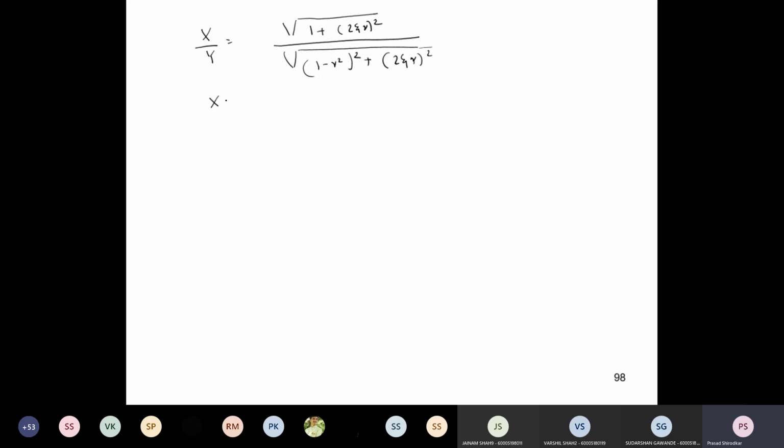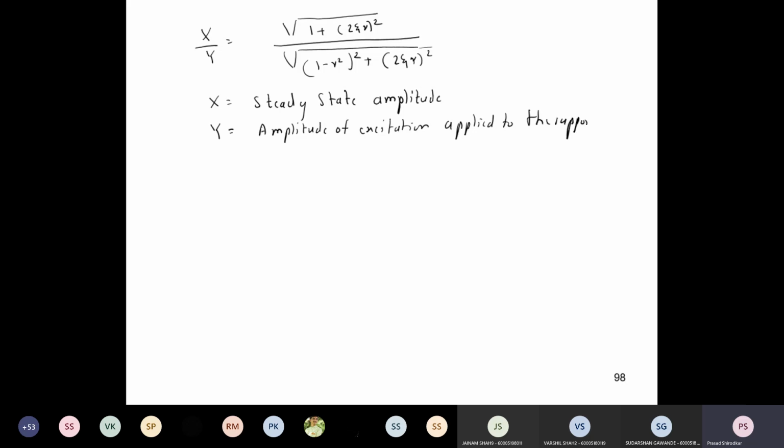So X is your steady state amplitude. If things are going fast, you should let me know immediately. And Y is the amplitude of excitation applied to the support.